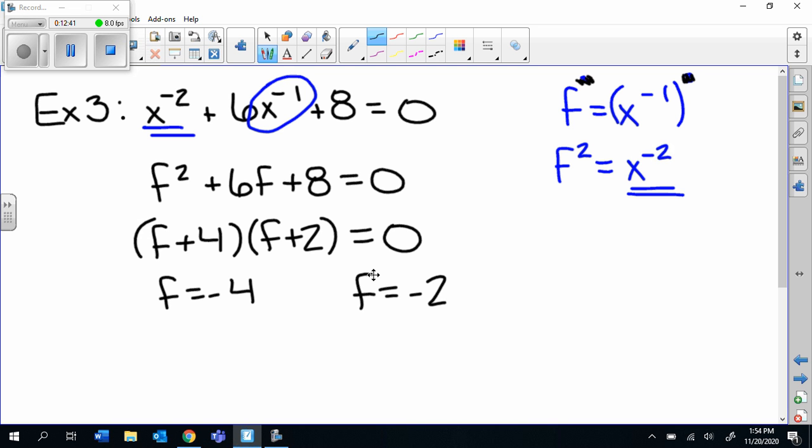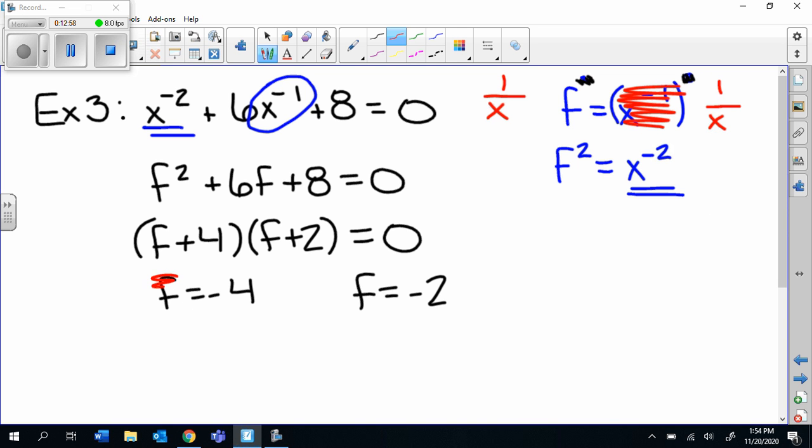Okay, and then we have to replace it. Now, what is x to the -1 power? Well, anything to the -1 power, remember we're going to flip it. So instead of x to the -1, when I go to replace it, I'm going to write 1 over x.